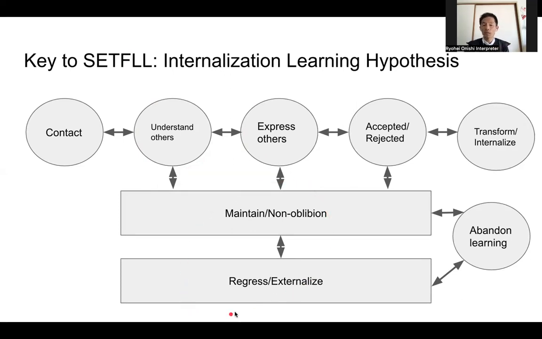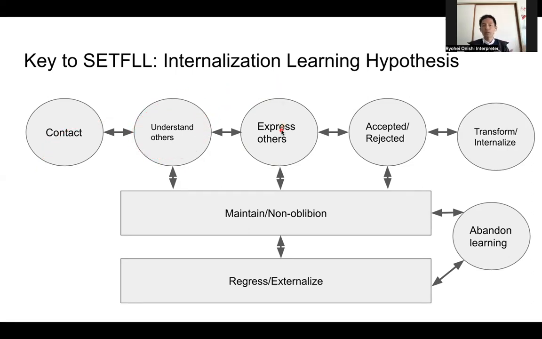Or in the worst case, they may abandon learning. They may stop learning. Oh, no SDGs. Sorry. Please don't talk about SDGs anymore. They hate SDGs, okay? Or they hate anything, okay? So this is my hypothesis for internalization. First, they contact any learning object, somebody else, something else. Then you have to understand this learning content.